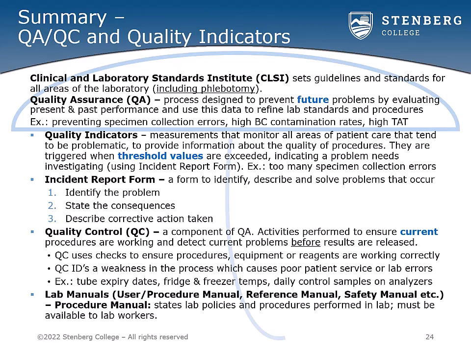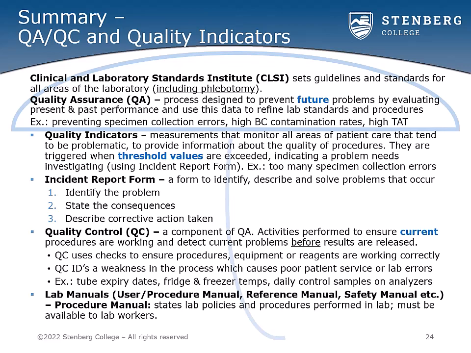For example, preventing specimen collection errors, preventing high blood culture contamination errors, and preventing long turnaround times by writing procedures to prevent them and training staff how to avoid these errors. You can see here that quality indicators, threshold values, incident report forms, quality control, and various lab manuals, including the procedure manual listed here, all fall under the umbrella of quality assurance.